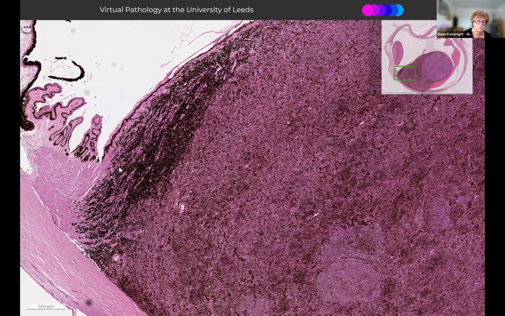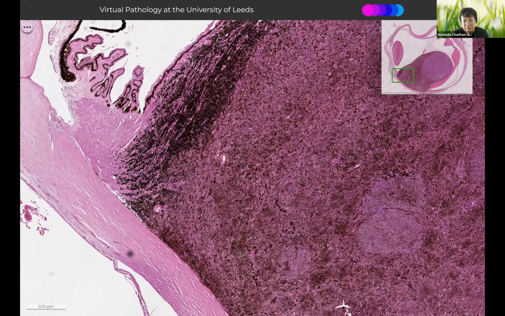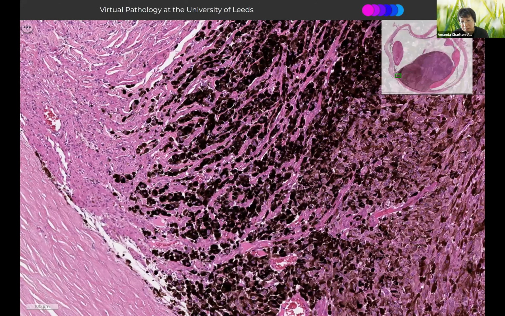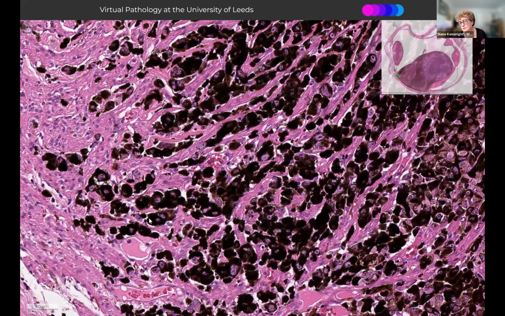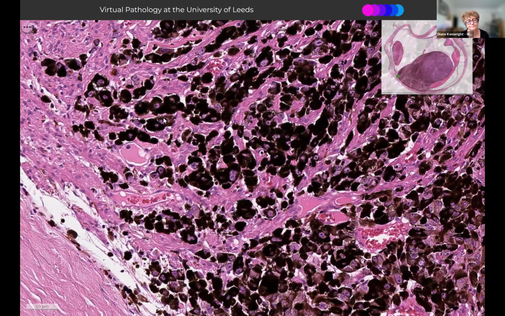The bit at the bottom left, down here. There we go, smooth muscle. Is it in the smooth muscle is the question, and we can see that there are pigmented cells in the smooth muscle. So we've got to ask, are those malignant cells or are those macrophages?